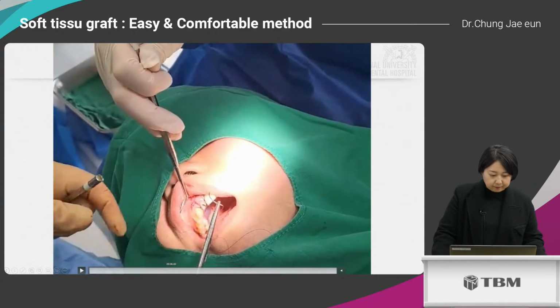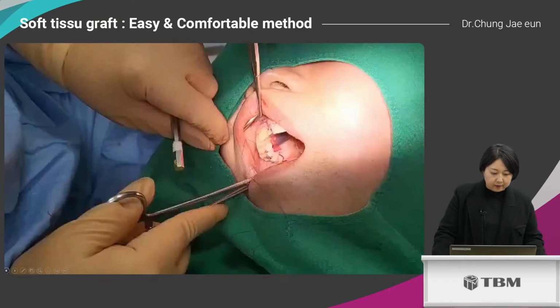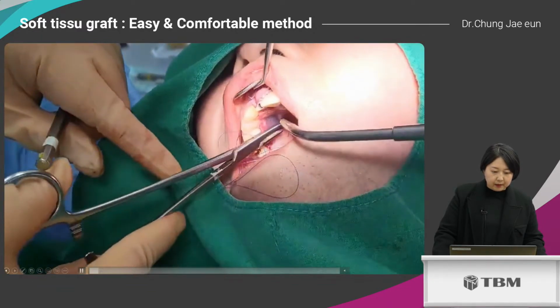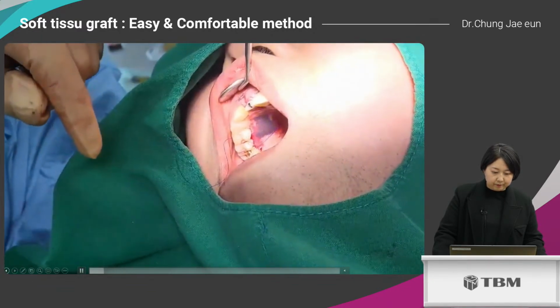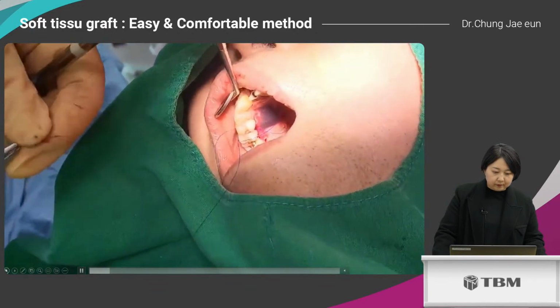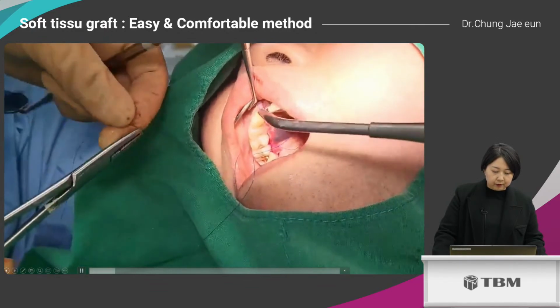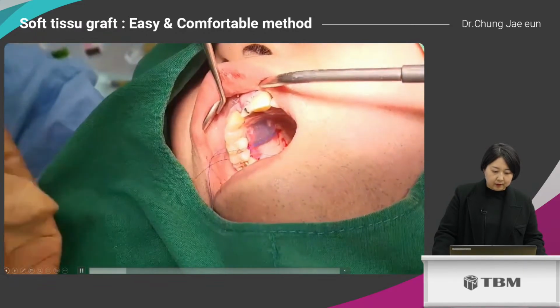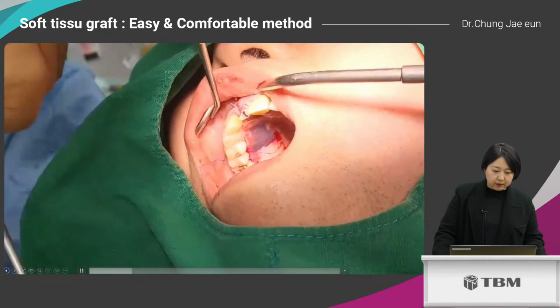First, the needle goes from the buccal side of the tooth, and then the needle goes through the palatal gingiva here and goes back to the buccal side of tooth, and then make a knot here.